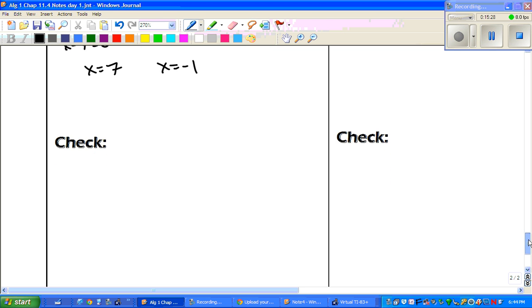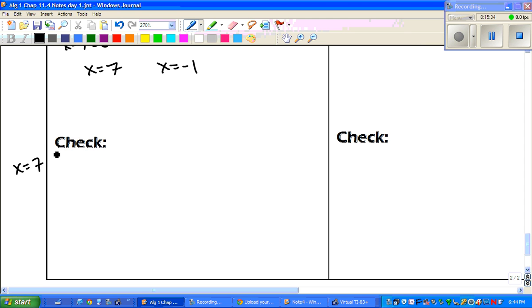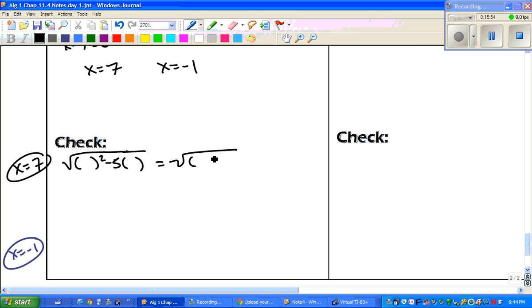Okay? So, now that we have two answers, we have to do two checks. We have to do the x equals 7 check, and then we have to do an x equals negative 1 check. So, we've got squared minus 5. Make sure all of it stays in parentheses.